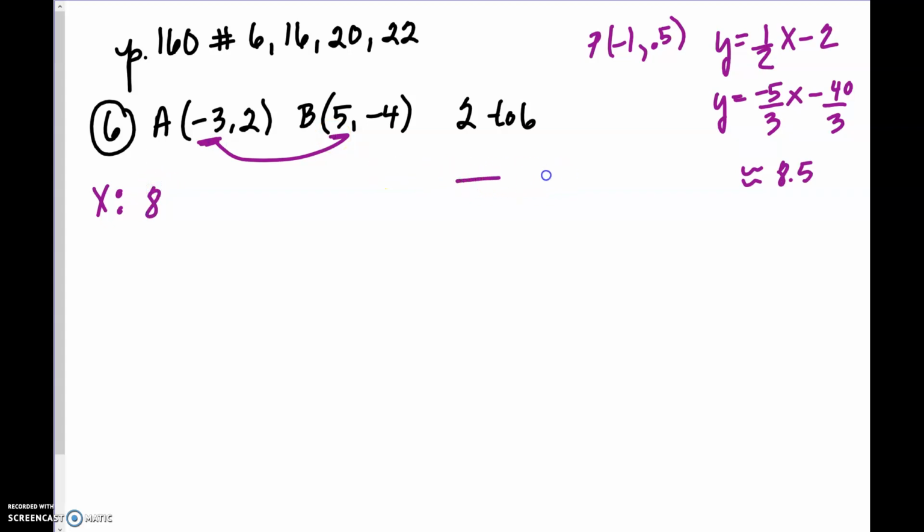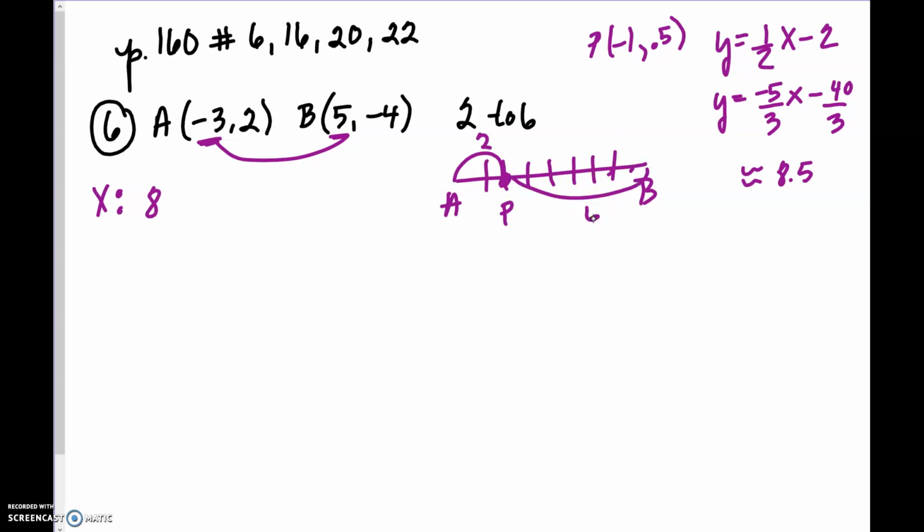So on a straight number line, going from A to B, we're dividing this into 1, 2, 3, 4, 5, 6, 7, so we have 8 parts, and P is only going to be right here. This is where P is, so that we have 2 parts over here, and 1, 2, 3, 4, 5, 6 parts right here.